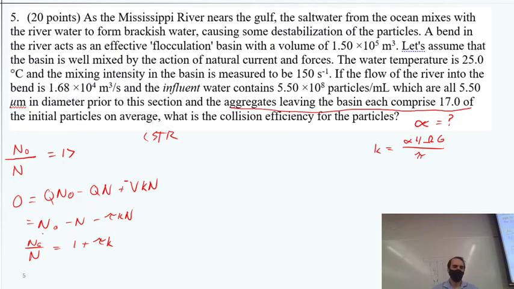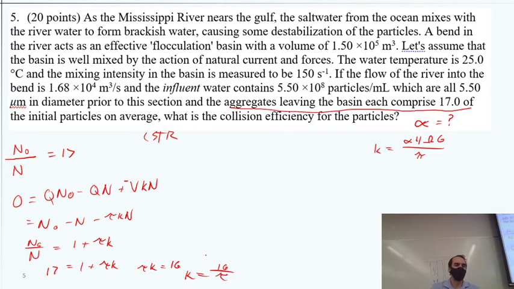But what I wanted to show you, now we can equate that 17 equals 1 plus tau k. We can solve for tau k, and so tau k equals 16. Or k equals 16 divided by our hydraulic residence time.